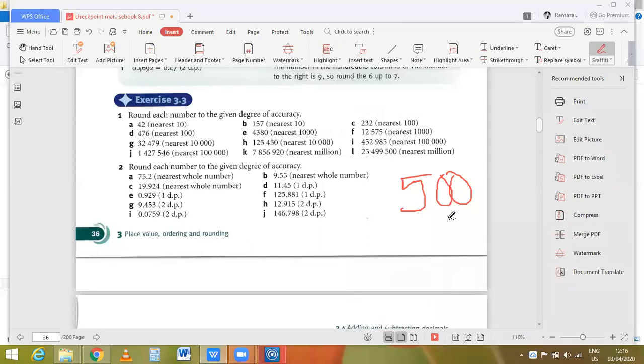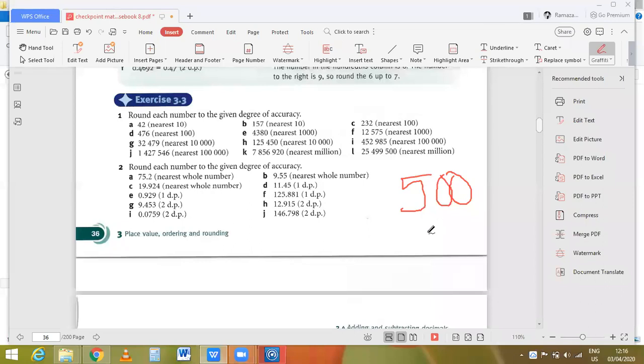If the question is asking you to round to the nearest 100, because it's already 500, you cannot do anything, because it's already hundreds. If you had 501, you could have done something, but 500 is already the answer.